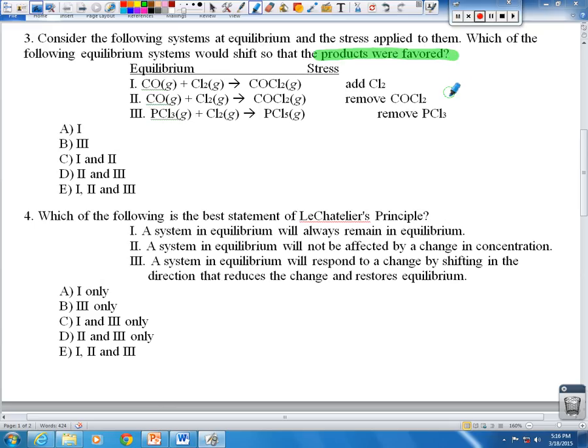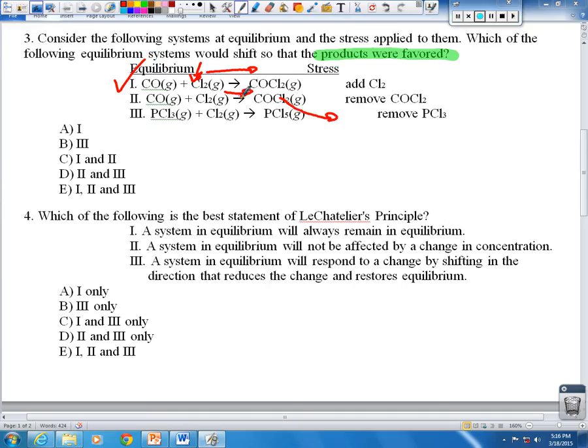All right. So, let's look at one. Number 1, if I add Cl2, so how do we shift from an addition? All right, so we're going to add here, so we're going to go this way. So what happens? Our product's favored in that one. We're good there. Remove COCl2. We're taking that away, so how do we shift?